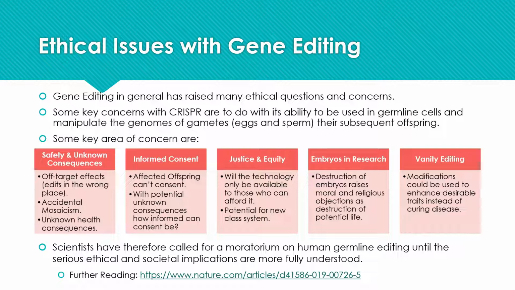But we don't tend to have a problem with that, because what we see is often somebody who has something seriously affecting their life in a negative way, and we want to help them. And if we can do that through CRISPR by editing their DNA, we don't tend to see that as a bad thing. But I suppose, where do you draw the line? If someone feels that their eye color is negatively affecting their life, would you allow them to use CRISPR to modify their DNA to change that?